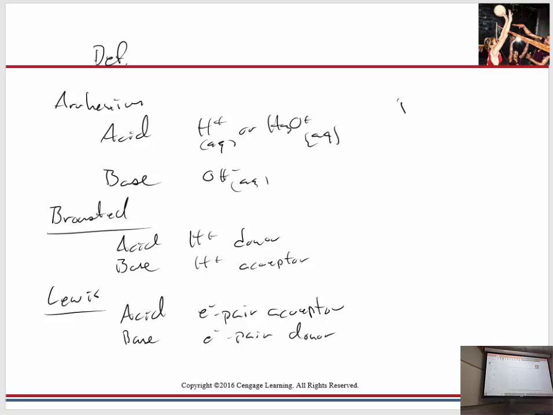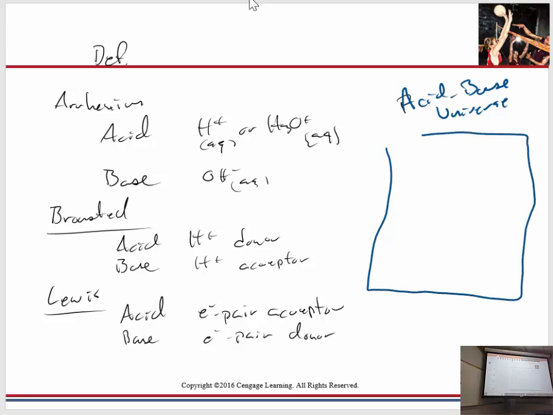So when we look at the acid-base universe, let's try to illustrate this over here. That is, if we look at all the acids and bases in the universe, they all are Lewis acids and bases. However, they aren't all Bronsted, and so Bronsted is a subset of these.